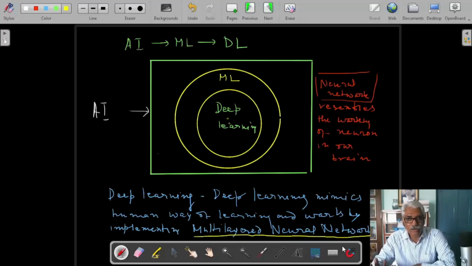Their functioning is not exactly like that, but because of this similarity, the name neural network is used. Neural network resembles the working of neurons in our brain. So that is the thing.